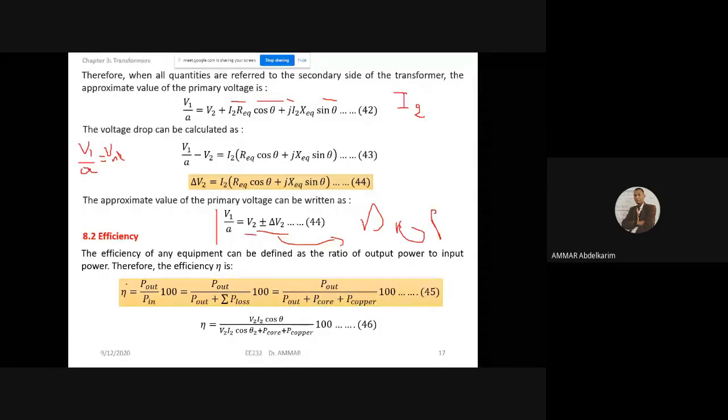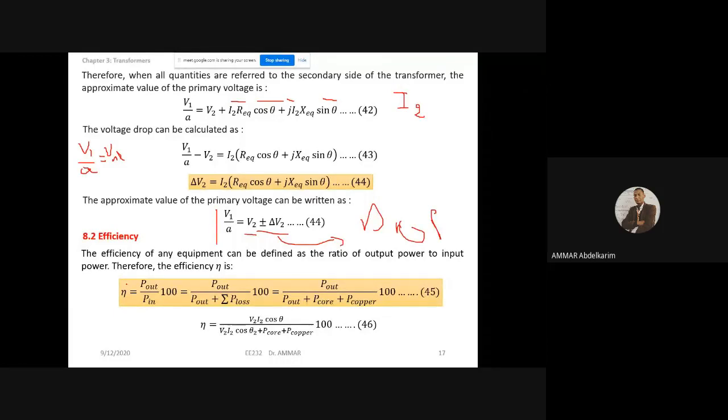If we had an ideal transformer, maybe the efficiency could be 100%, but there is no ideal transformer in reality. So the efficiency is always less than 1 or less than 100%, which is equal to P out over P input, where P is the active power, of course.